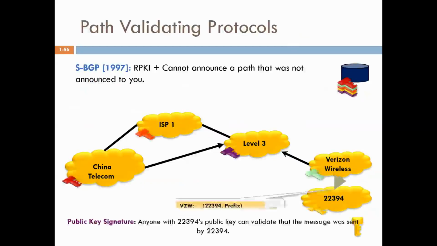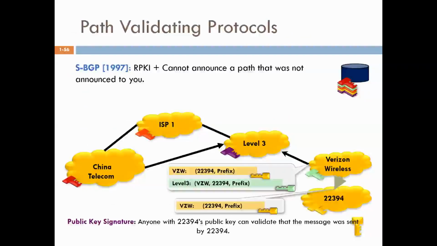So when 22394 makes the announcement, it will include its digital signature and will say, I am actually announcing this network to Verizon Wireless. It's not just that I'm announcing this network address, I will include also the address of the destination in my digital signature. So the announcement is only valid to Verizon Wireless.